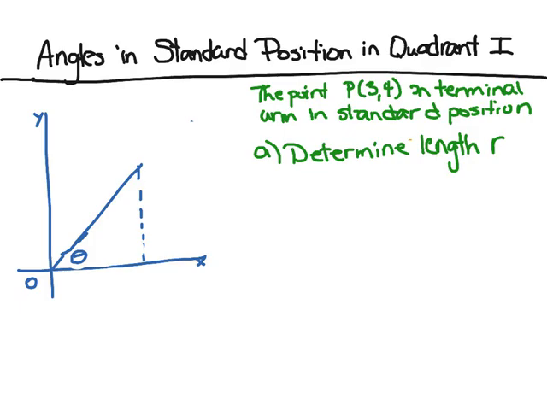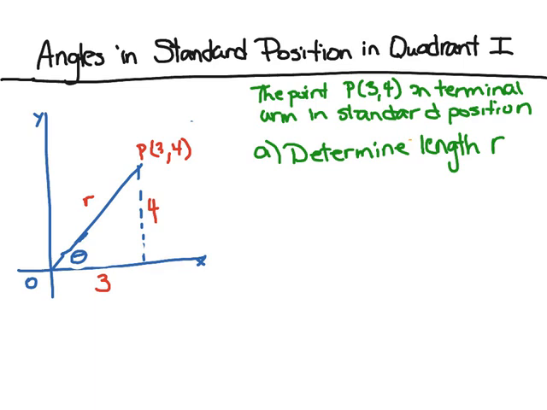If we were given the point (3, 4) on the terminal arm in standard position, that means that this point right here is (3, 4), and because we know that our x is 3 and our y is 4. So first we're going to determine the length of r. So we want to find our r right here.